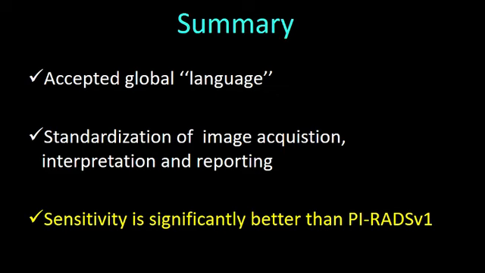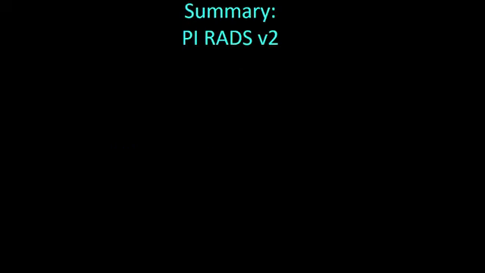This just came up in 2015, and we're in the process of developing this. There's still data coming in, and I think everyone's beginning to speak the language in terms of standardization of image acquisition, interpretation, and reporting. And obviously, sensitivity is significantly better than PI-RADS 1. So there's no doubt about that. The idea was standardization, and I think that is achieved.